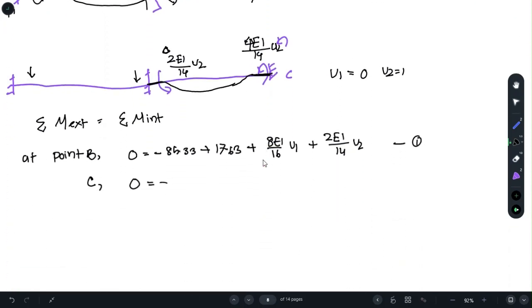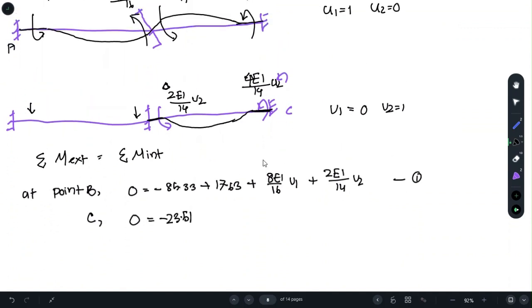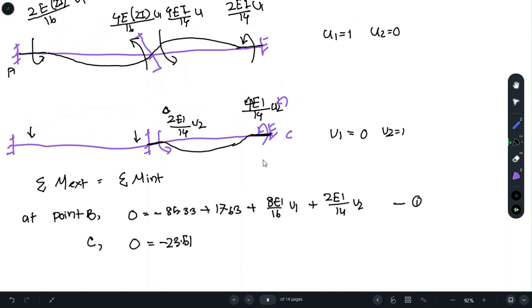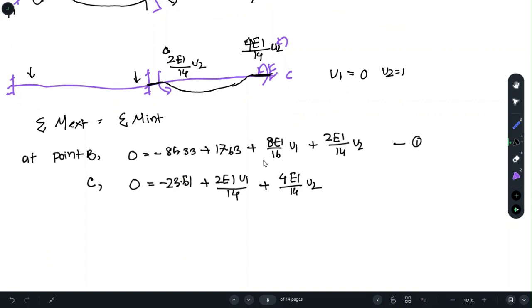And at point C we had two other moments from the application of the dokis, which are plus 2EI u1 over 14 plus 4EI over 14 multiplied by u2. So these are our two equilibrium equations.